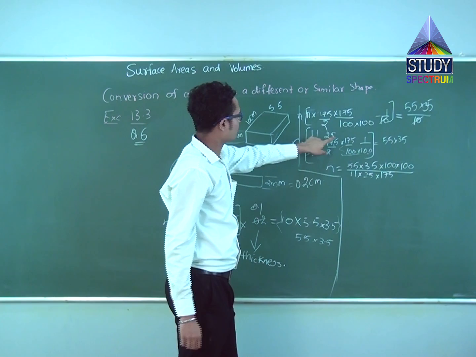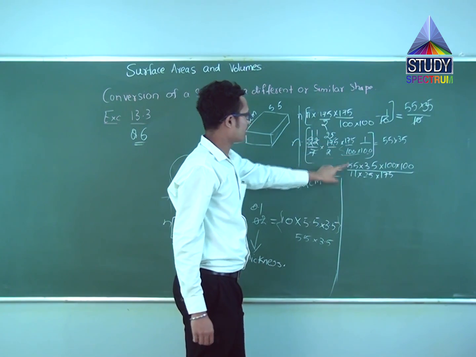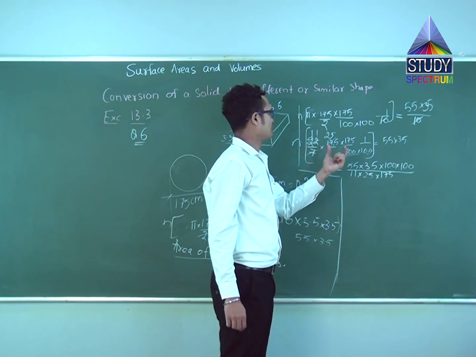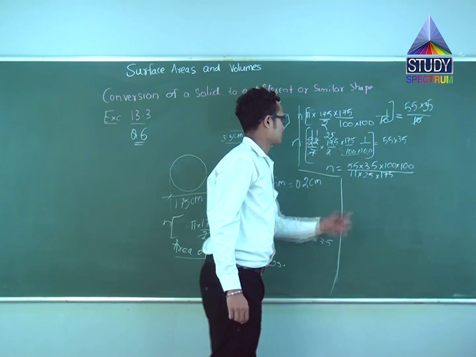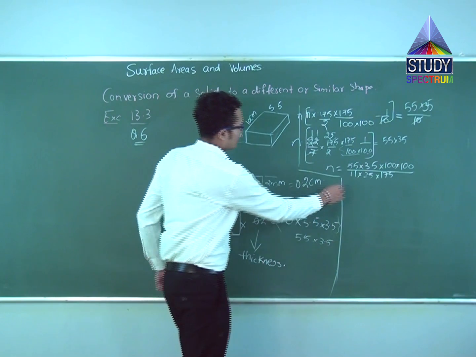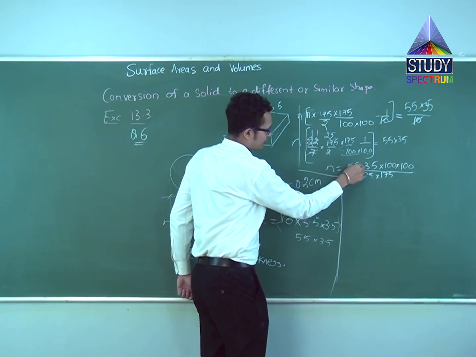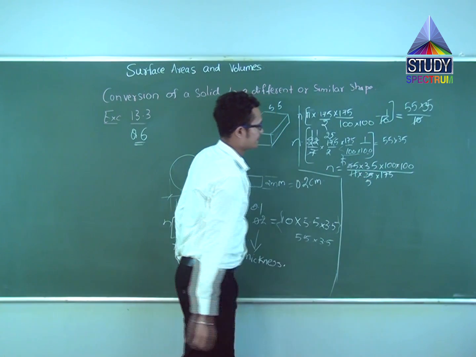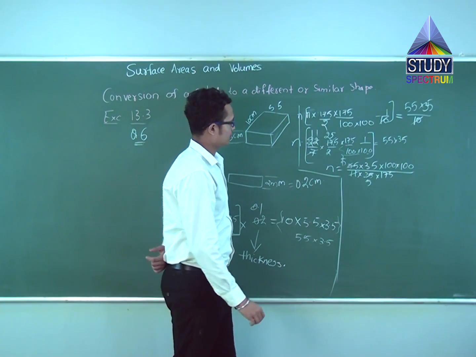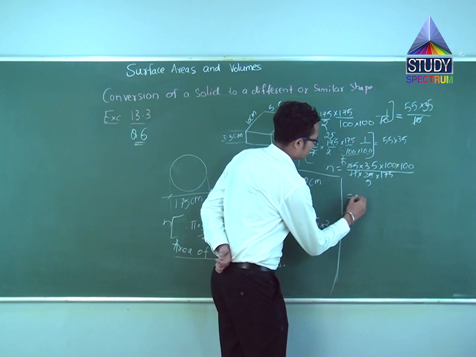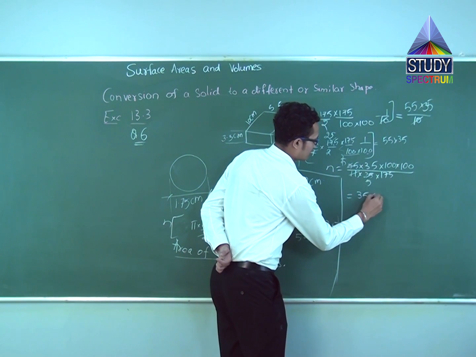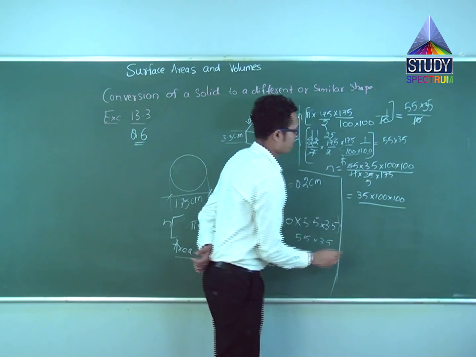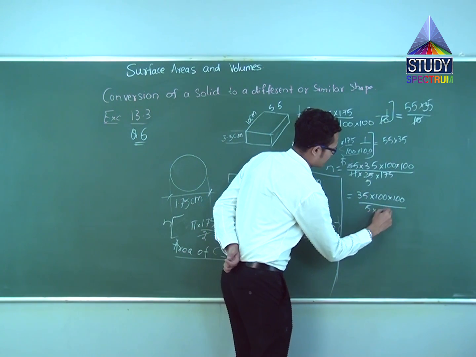These are the remaining terms which come in the denominator when you shift from the LHS to the RHS. 11 times 5 is 55. 5 times 5 is 25. Am I right? Okay. And this is equal to 35 into 100 into 100 by 5 into 175.